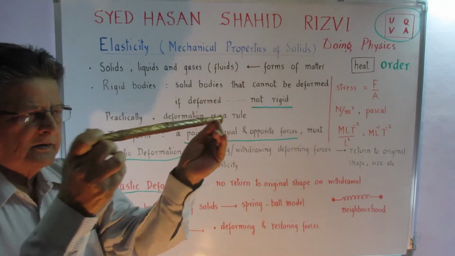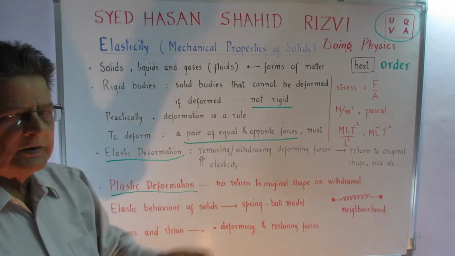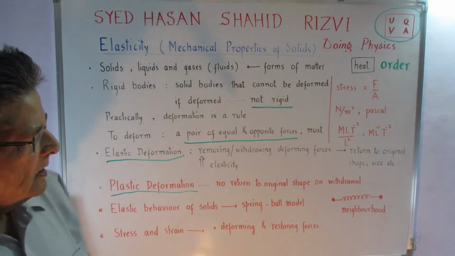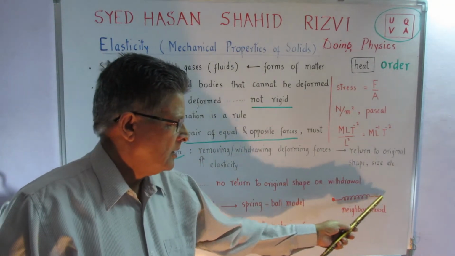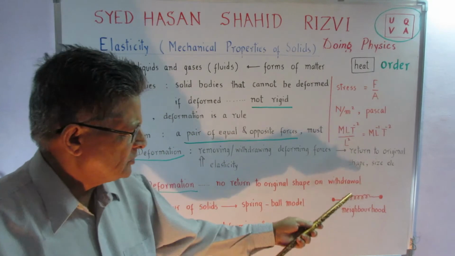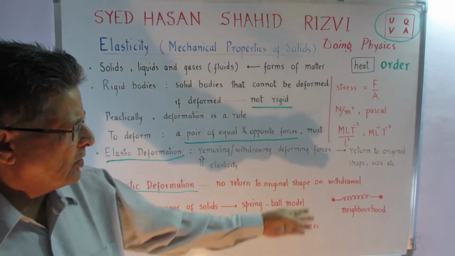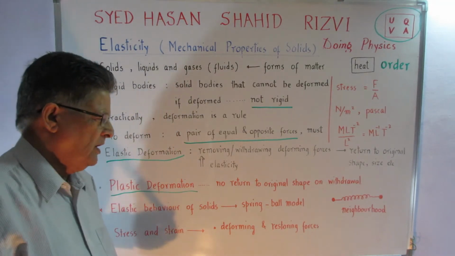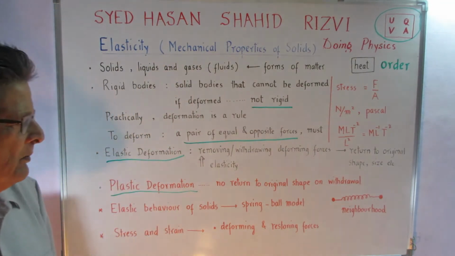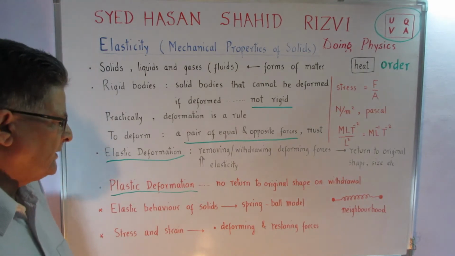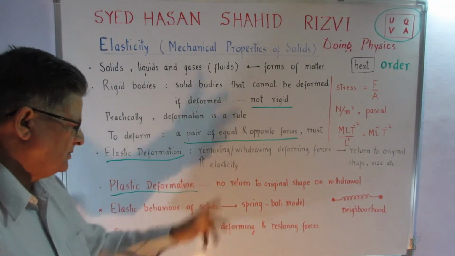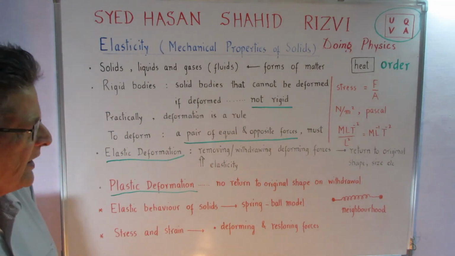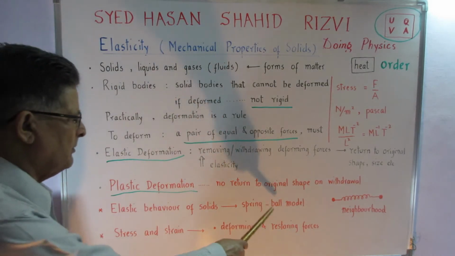So there will be some kind of vibration that will take place in the neighborhood, and there are so many springs. I can't make that picture for you, but all books show the picture of the spring ball model, where there are vibrations and the things are restored, and the elastic behavior of solids can be explained in terms of that model.